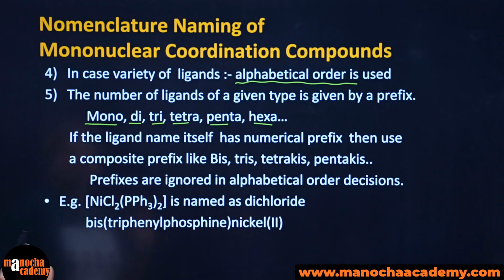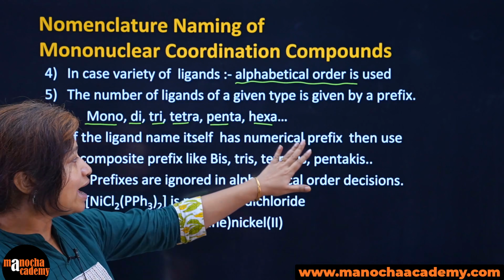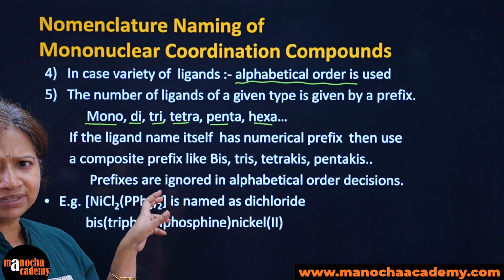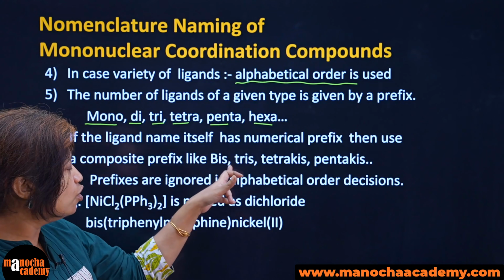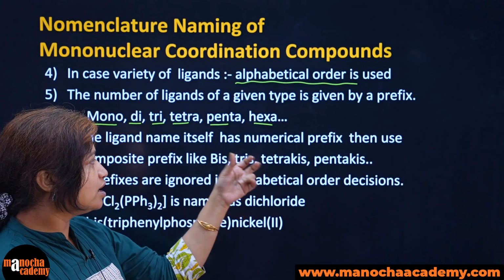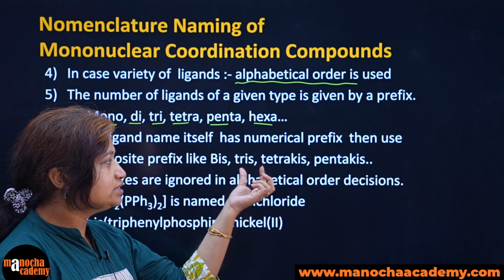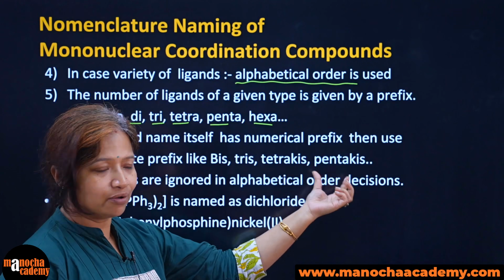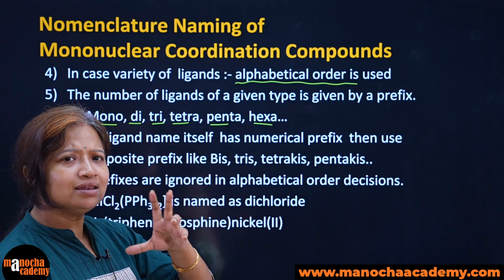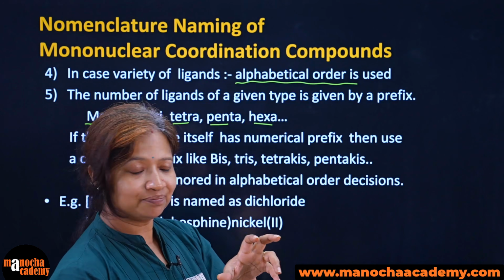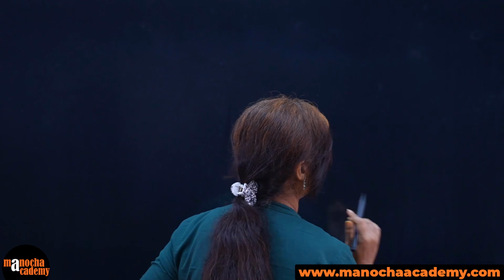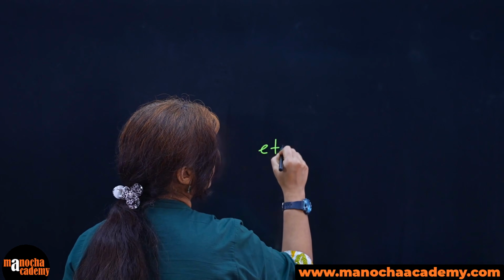Okay. Now, if the ligand is a bit complex, we will see that with examples, then instead of mentioning mono, tri, tetra, we name as bis, tris, tetrakis, pentakis. So like this we name when the ligand is a bit complex, like ethane 1,2-diamine.